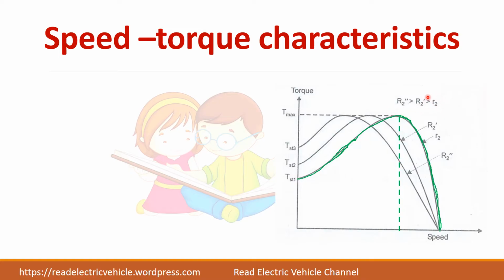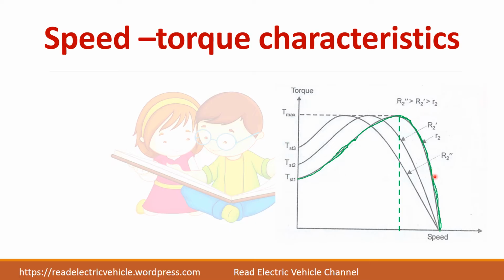So small r2 represents the original rotor resistance, which is shown in green color, and the starting torque is shown here. Now if I am adding some external resistance, the speed torque characteristics, the shape will not change, but you can see that the starting torque has increased as you increase the resistance.